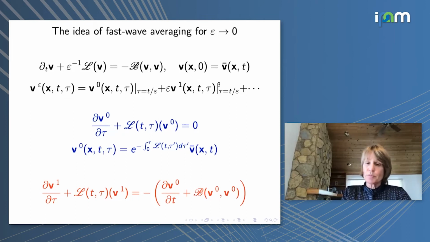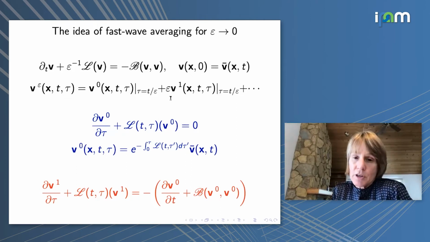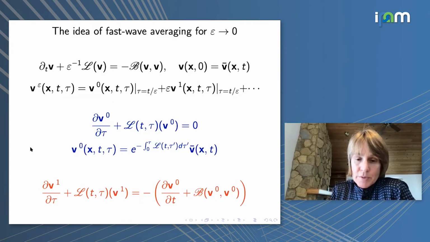So, a straightforward perturbation expansion in powers of epsilon. Then we plug this expansion into the equations, collect terms order by order, and see what we can learn. The biggest terms are at order 1 over epsilon, and give us an evolution equation for V0. It's a very simple equation.